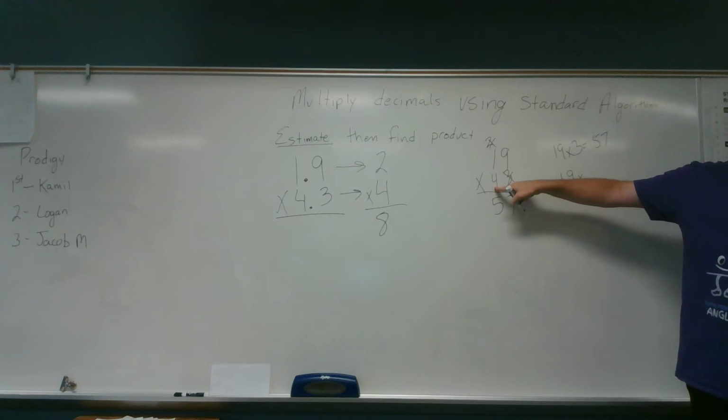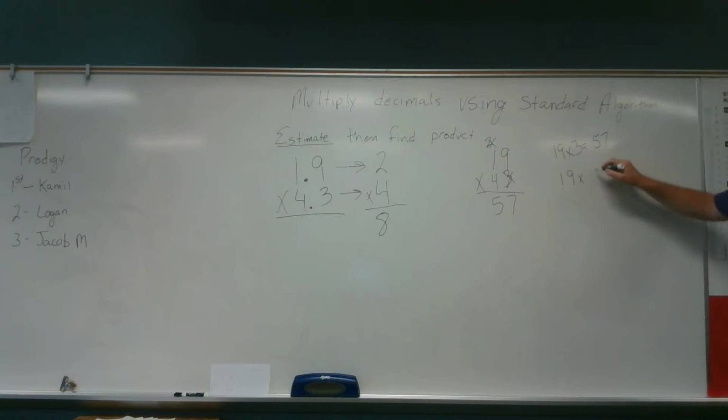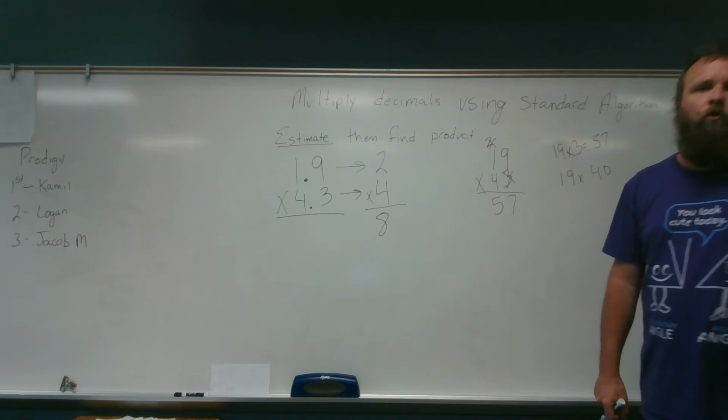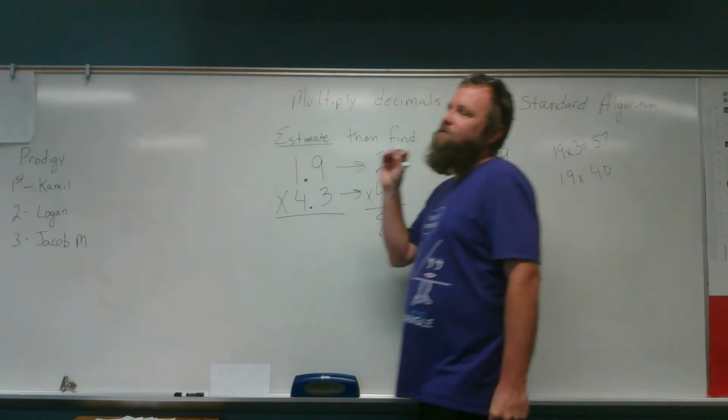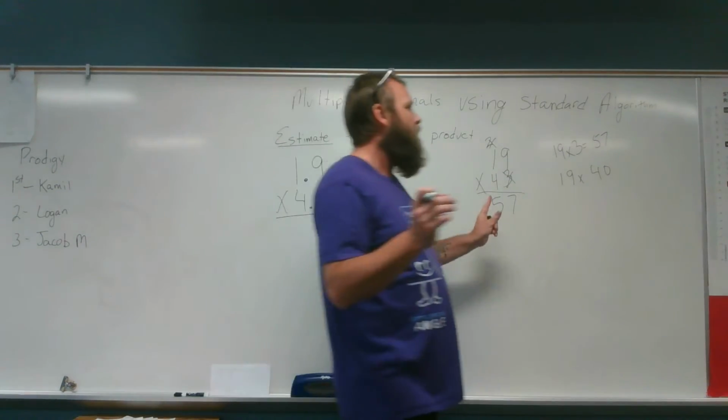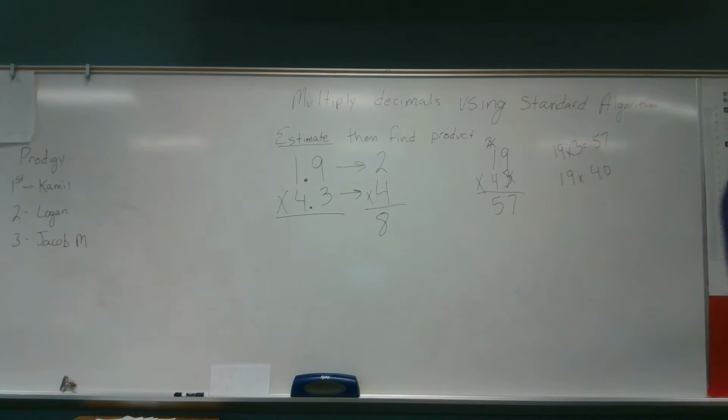Maribel, 4 tens equals how much? 40. So what I'm actually doing here is multiplying 19 times 40. Which is why, if you remember in the past, I have said if there's a 0 at the back, all I have to do is bring it down.